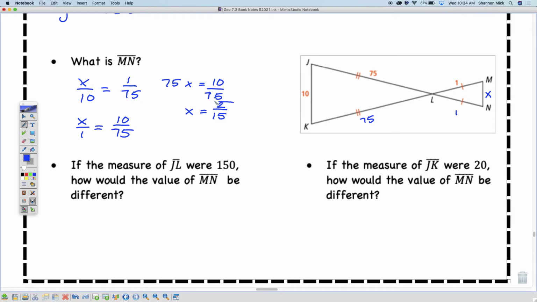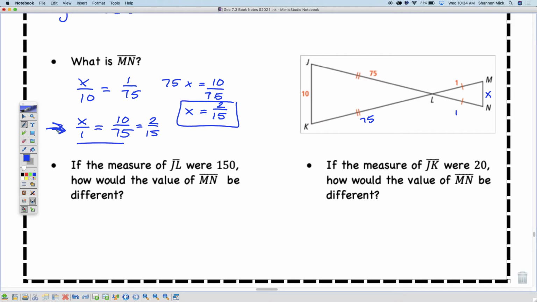So this is what we did last week, isn't it? Okay, the next two are the what ifs. Just what ifs. If I did it this way, I would also get 2 over 15. And I wouldn't have had to cross multiply, would I? Okay, so we're going to use this one as we go from here. Everyone good with that? Yeah.